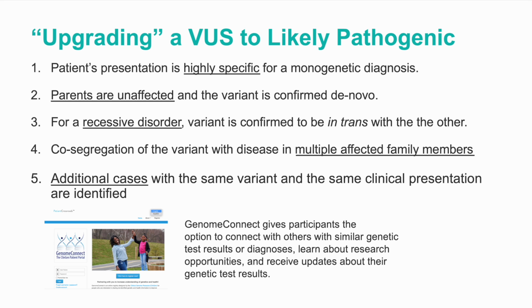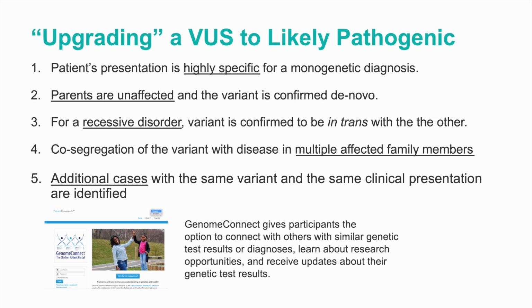Additional cases with the same variant and the same clinical presentation, if they're identified worldwide, can help. The question is, how would we know? So ClinGen developed this website, GenomeConnect, and I would really recommend you refer your patients to GenomeConnect and have them sign up for that.